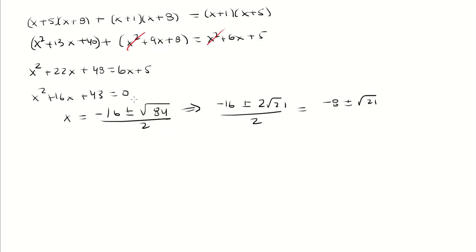So I'm going to plot the points on a number line. The points we're interested in are the ones that are not defined, in other words, when the denominator is 0, and then the -8 plus or minus root 21. So we're going to go in order from smallest to greatest.